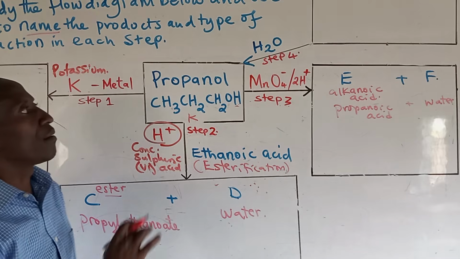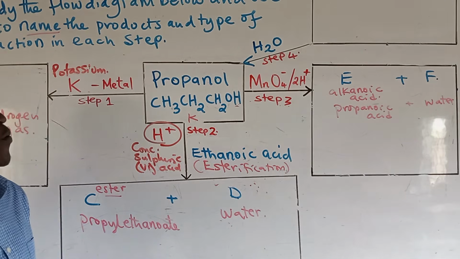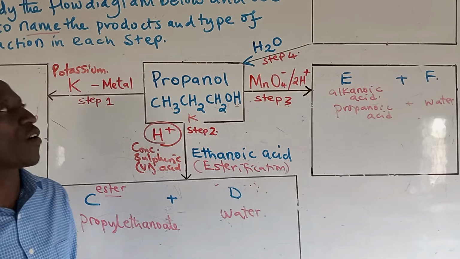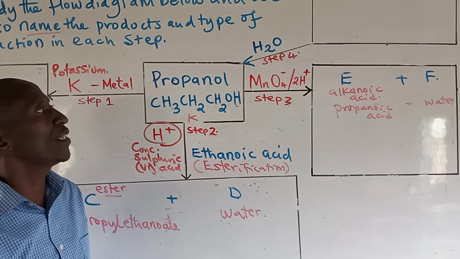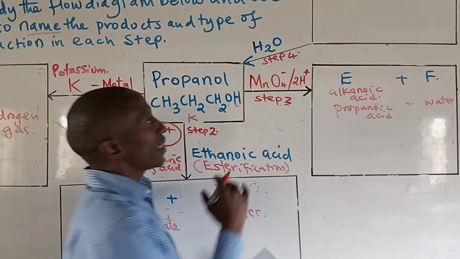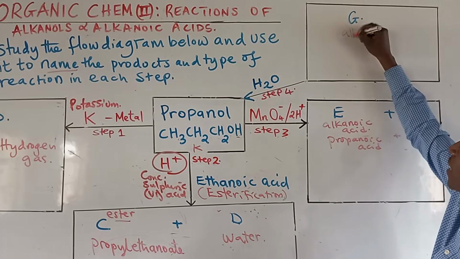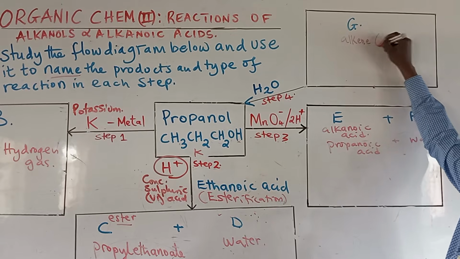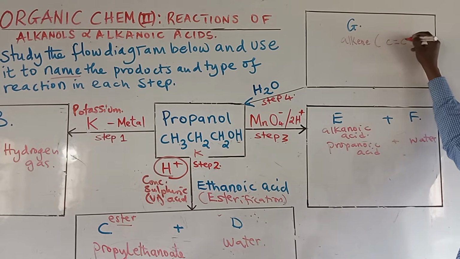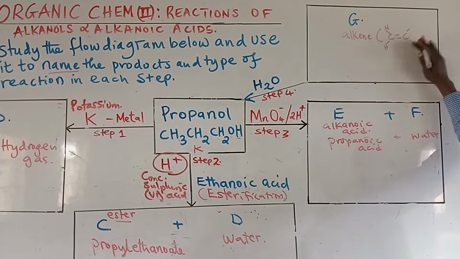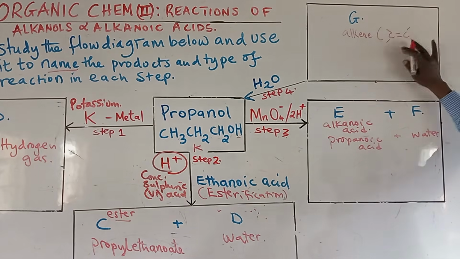And then in step number 4, we are actually required to link with organic 1, whereby we see that alkenes, this must be an alkene which has a double bond somewhere, whereby, let me show it like that, a double bond.